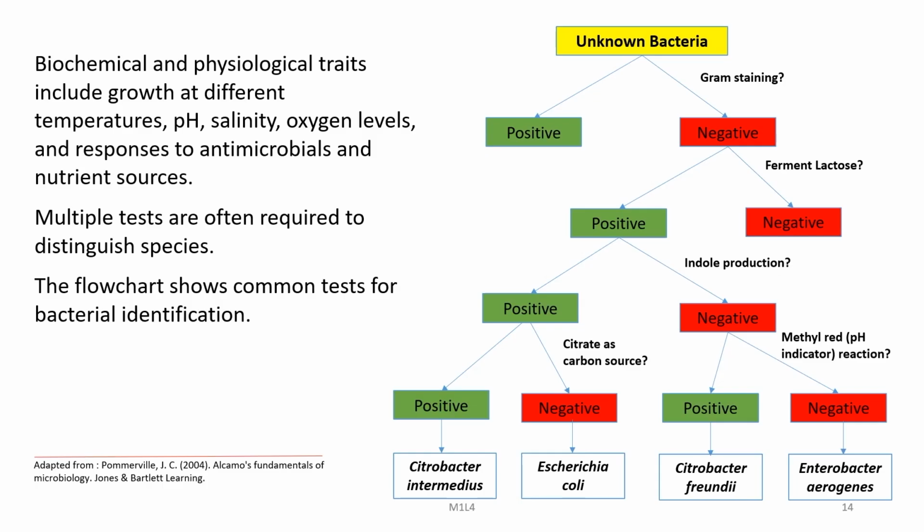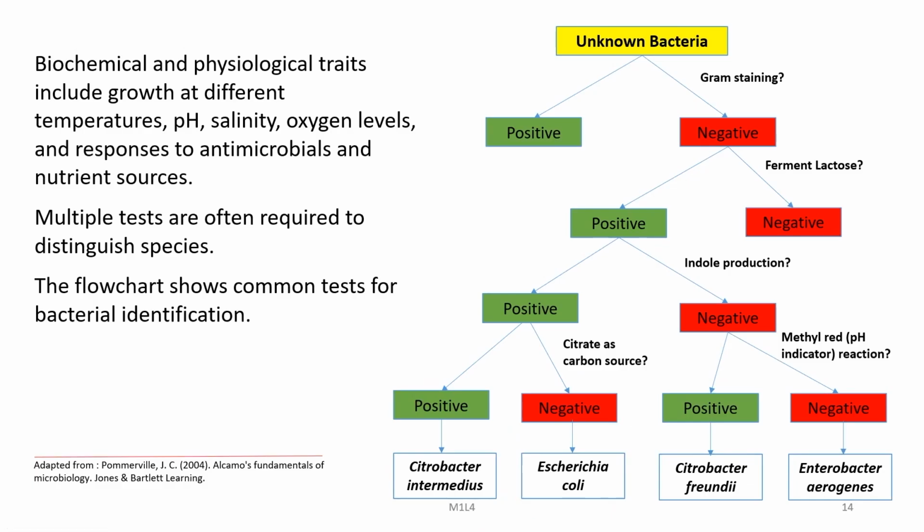And then if in case the lactose indole production is positive, we can look if the citrate is being used as a carbon source, and finally, if the result is positive, we can tell this is Citrobacter intermedius, and if it is negative, we may tell that this is Escherichia coli.